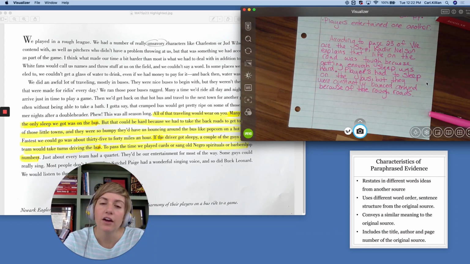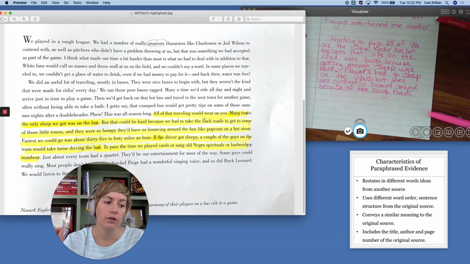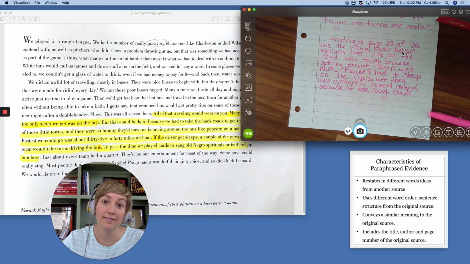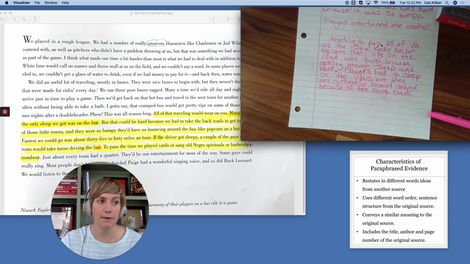Did I convey a similar meaning to the original source in my paraphrase? Do you think I did? All right, and the last one. Did I include the title, the author, and page number from the original source in my paraphrase? Well, I see the page number, I see the title, and I see the author. So yes, I did do that.